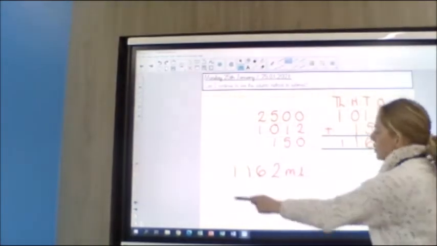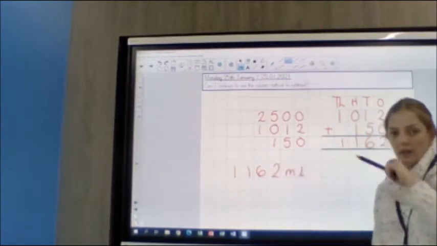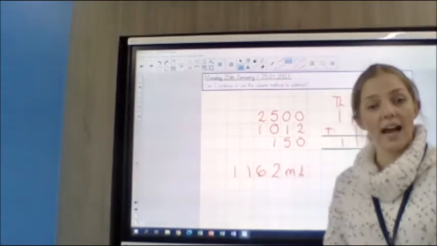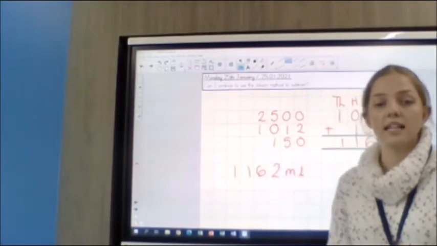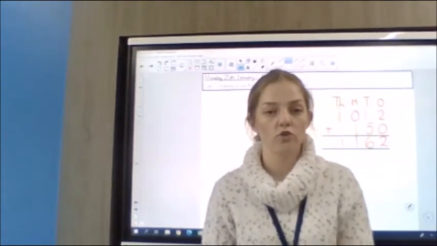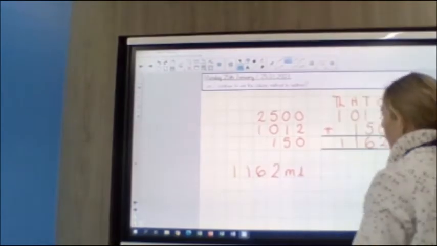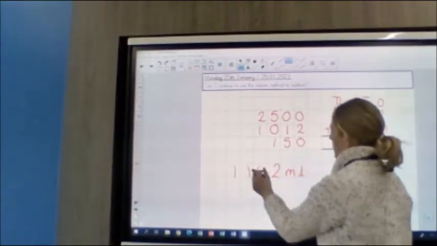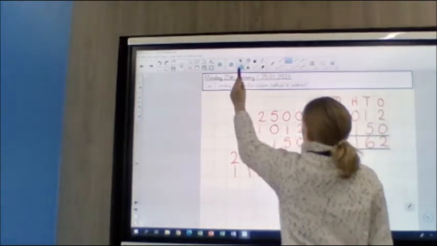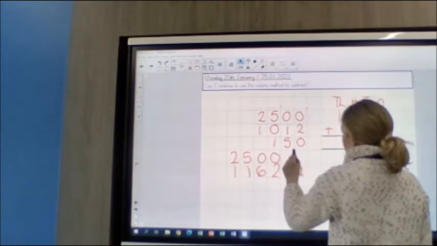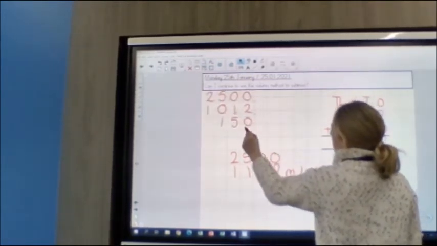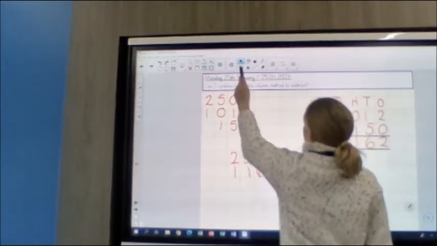Now, I've got the first part of my answer here. I need to take that now away from the total amount of what I could have, okay? So I need to make sure that I do 2,500 take away 1,162. So I just move that up there, out of the way.